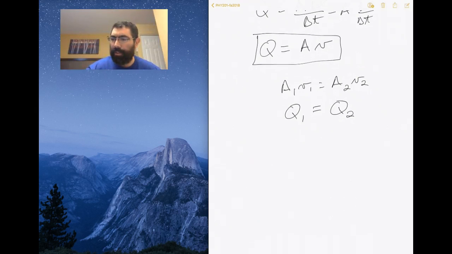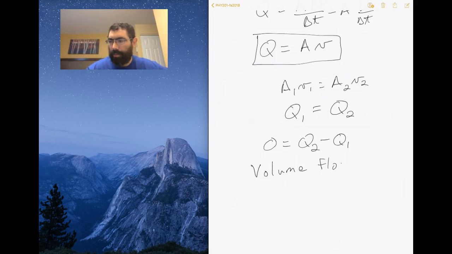If I was to rewrite this, volume flow rate 2 minus volume flow rate 1 is equal to 0. So in the end, we basically have a conservation law that volume flow rate Q is conserved.